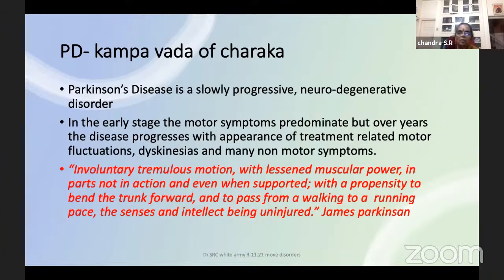That is posture abnormality. Then to pass from a walking to a running pace, that is propulsion and retropulsion, and the senses and the intellect remaining unaltered. That was the definition by James Parkinson. A very beautiful description of all the features. Clinical neurology, well observed, the whole person studied properly, and a beautiful definition is coined.